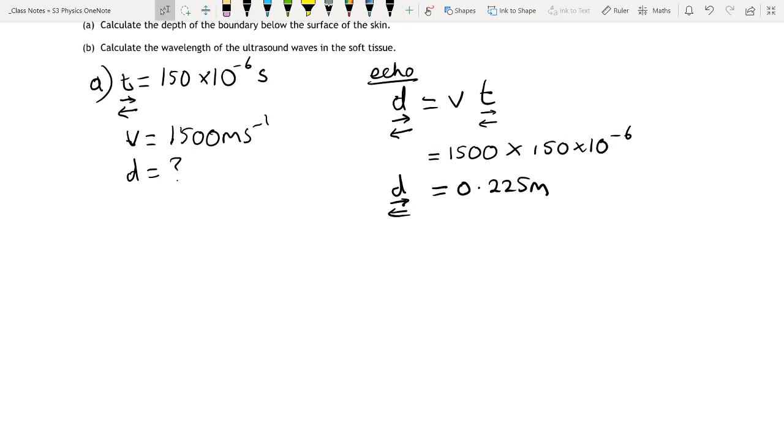But we don't want that distance, we just want the depth, so we just want the distance there. So the distance there is 0.225 divided by 2, so 0.113 meters. Alternatively, you could divide the time by 2 and just do distance there equals speed times the time there. Either is absolutely fine, as long as you're dividing one of them by 2.